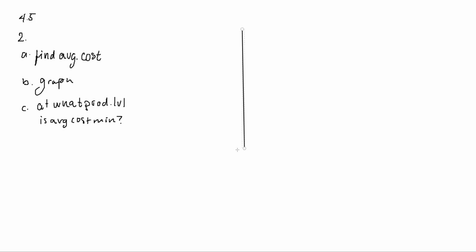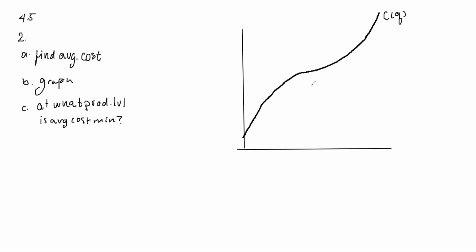Basically, there is this big old graph. Here we have the graph C, Q. And right here is 10,000. Here is Q, and there is dollars.